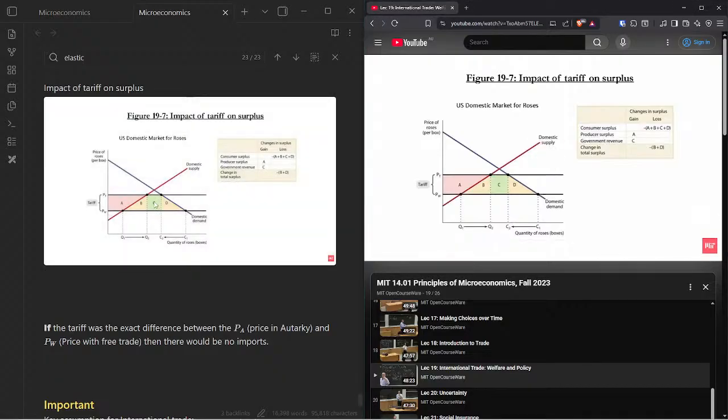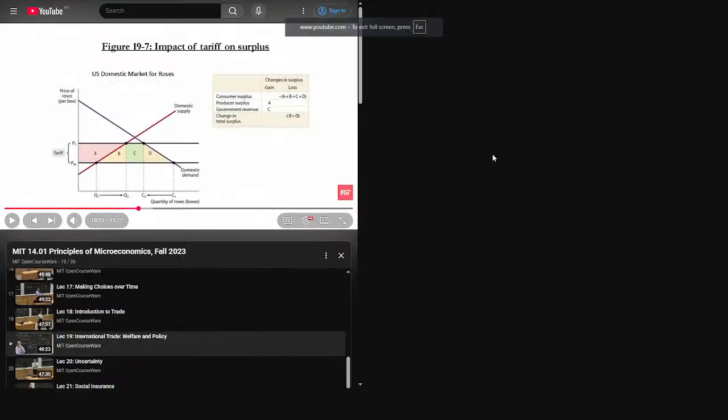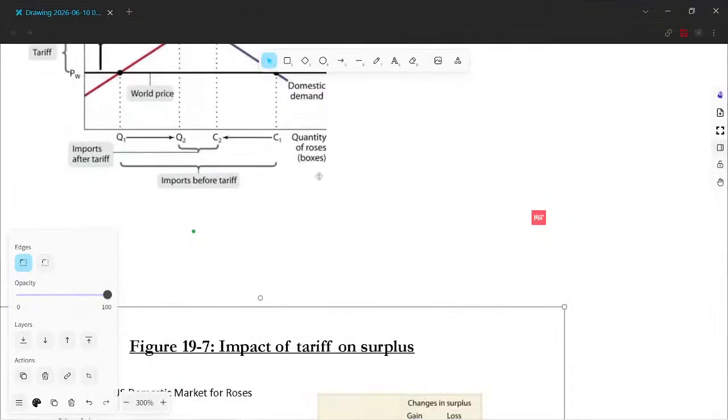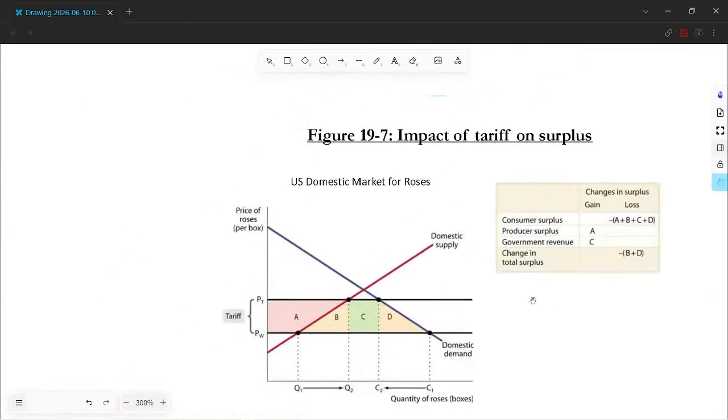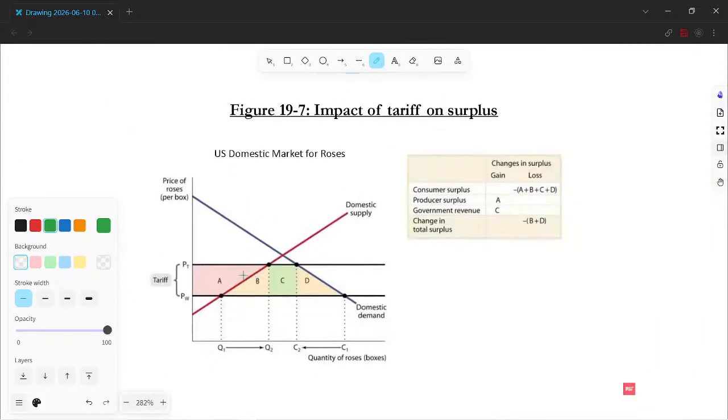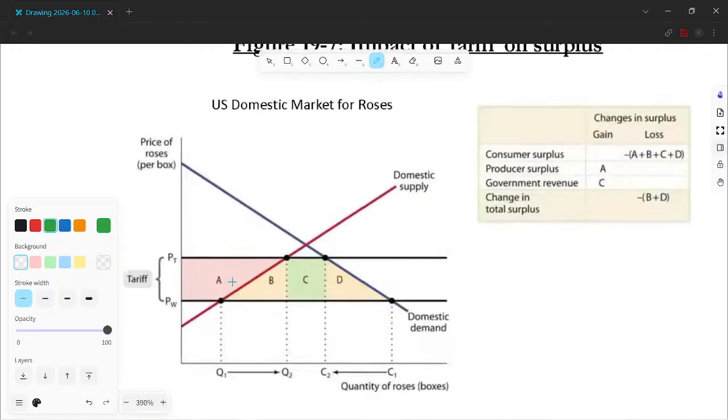Oh, I was thinking of something else. Move that. So quantity produced.